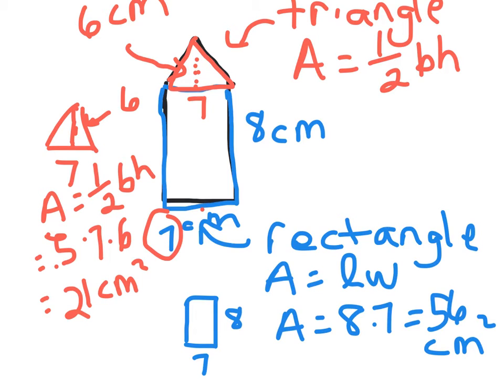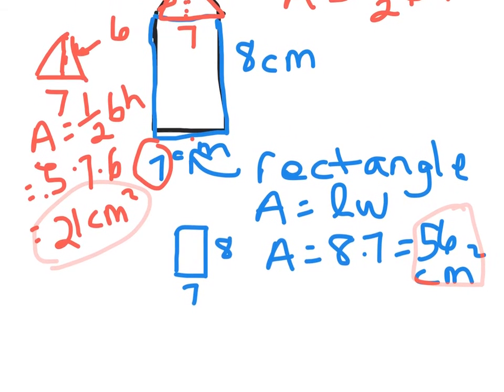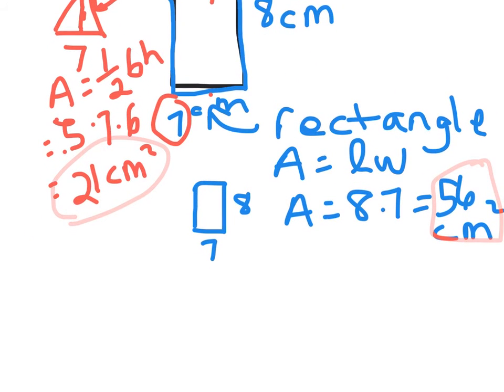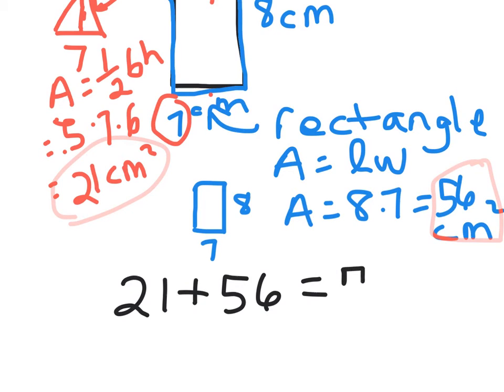I have a triangle that is 21 centimeters squared and a rectangle that is 56 centimeters squared. In order to get the combined area of the entire shape, I need to take the 21 and add it to the 56 because I have two shapes. Together, I have 77 centimeters squared of area.